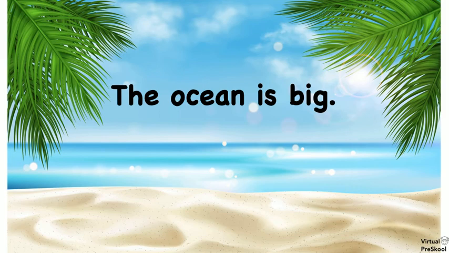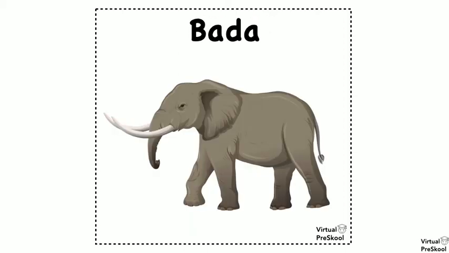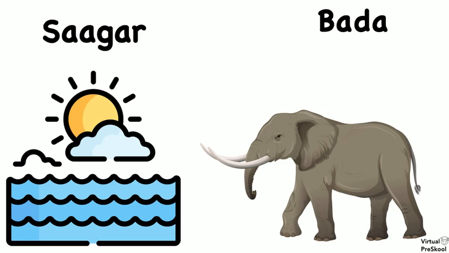All right, next one. The ocean is big. So let's learn some new Hindi words here. Saagar is how we say ocean. Saagar is ocean. And big is bada. So we have Saagar and we have bada.